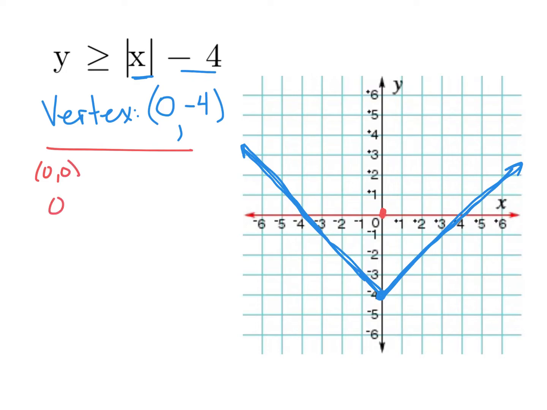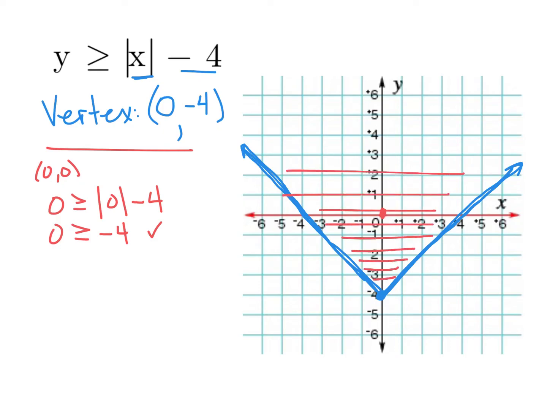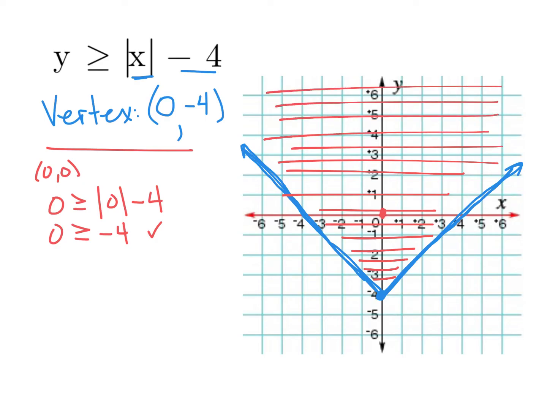Our y-coordinate is 0. Our x-coordinate is 0. And we just have to see, is this correct? Is 0 greater than or equal to the absolute value of 0 minus 4? Well, that would be negative 4. Is 0 greater than negative 4? Yes, it is. That means that that's going to be the side that we shade on, inside this absolute value.